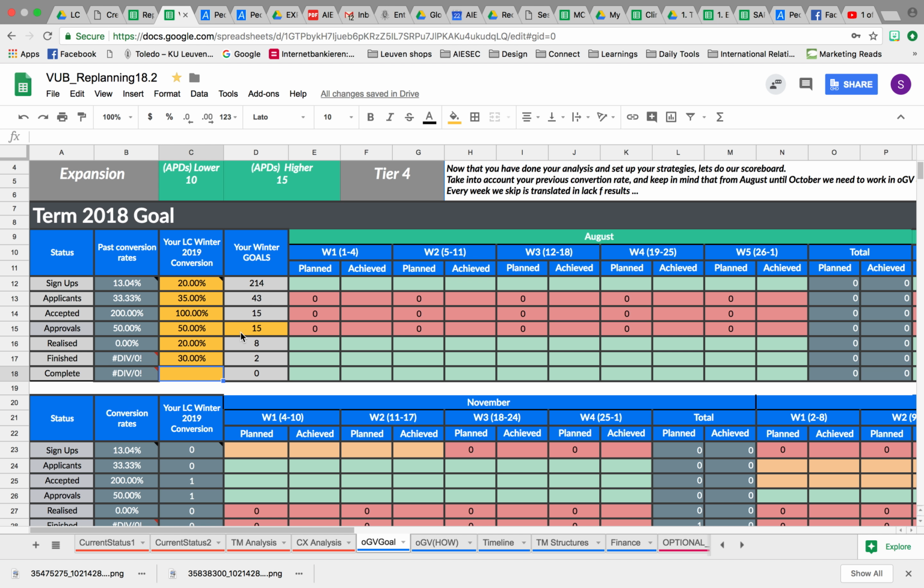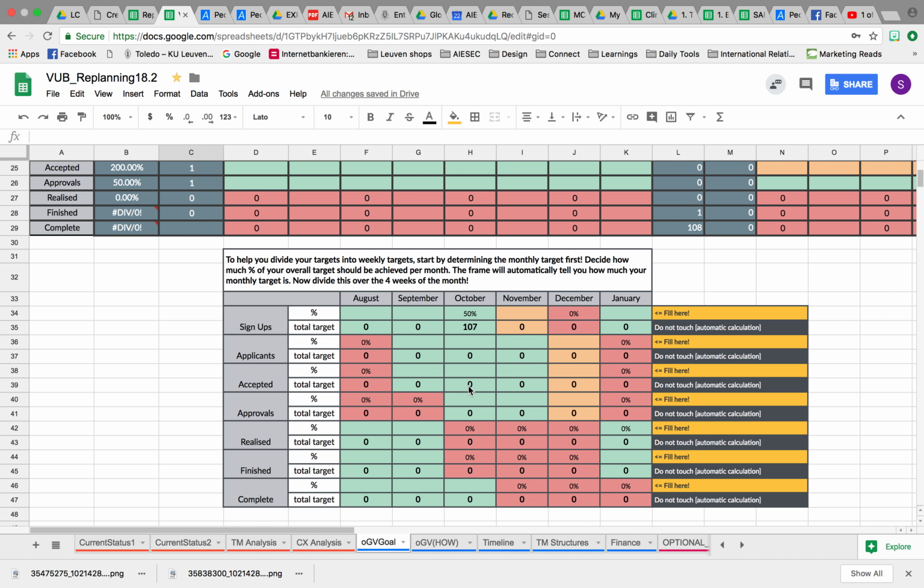So basically I need to do 214 signups throughout my entire winter peak timeline. And of course, I am aware that most of those signups should be coming in between August and October, and that I can also still have some in the month of November. So for this reason, I plan my peak in October. I plan that there should be 50% of my signups coming in October.